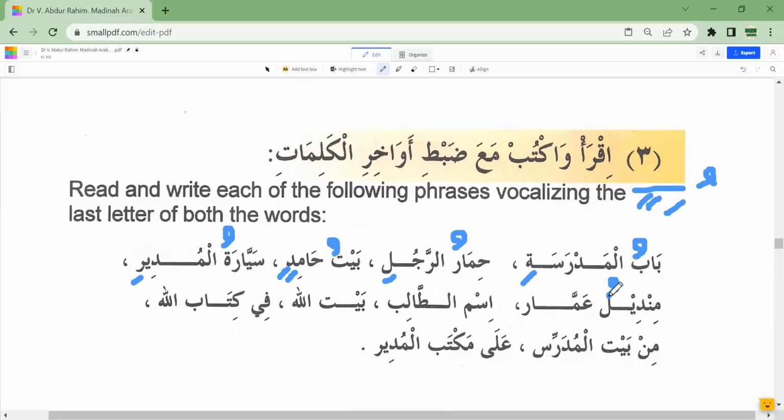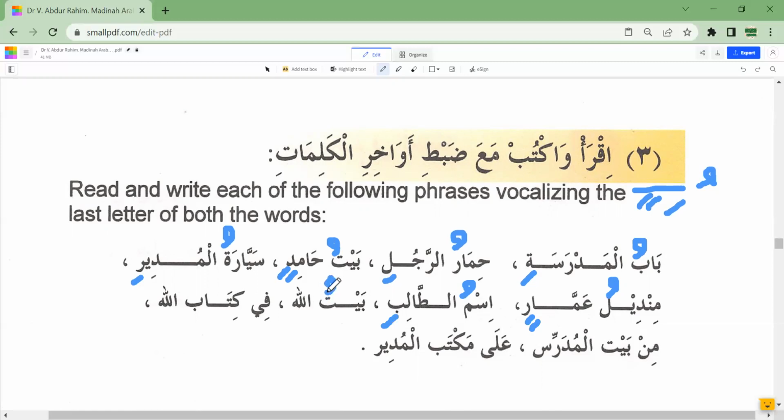Mindilu ammarin. Kasratain. Ammarin. Yes. Ismu Talibi. Right? Baitu Allahi. Baitullahi, right?